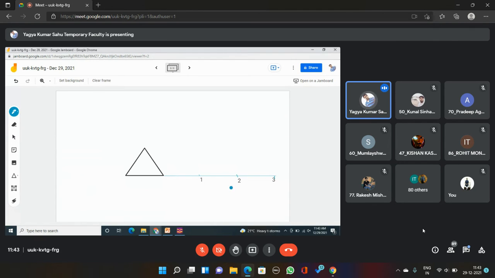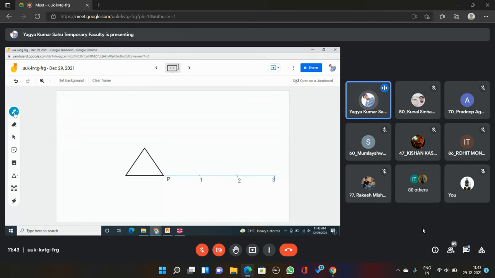Next, suppose this is the starting point P of that involute curve, meaning we are unwinding that thread from this particular point P. This is the starting point.